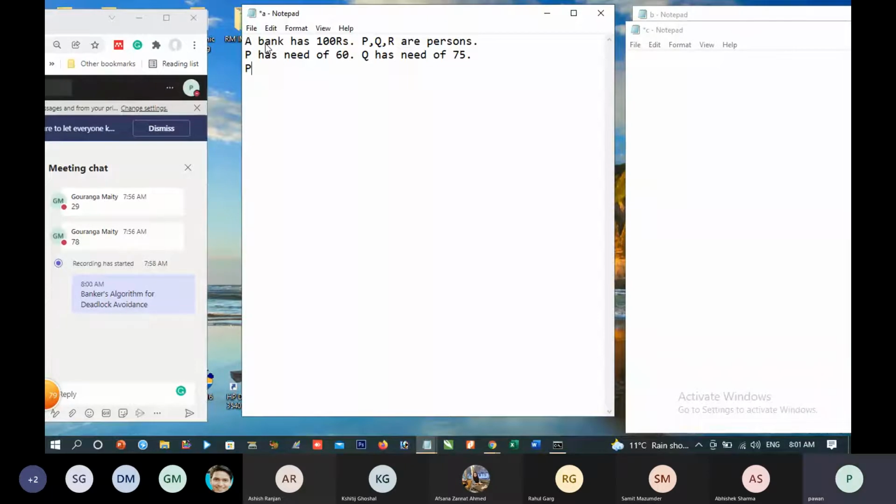P is given 40 rupees. Q is given 30 rupees. So let us see what is the situation.